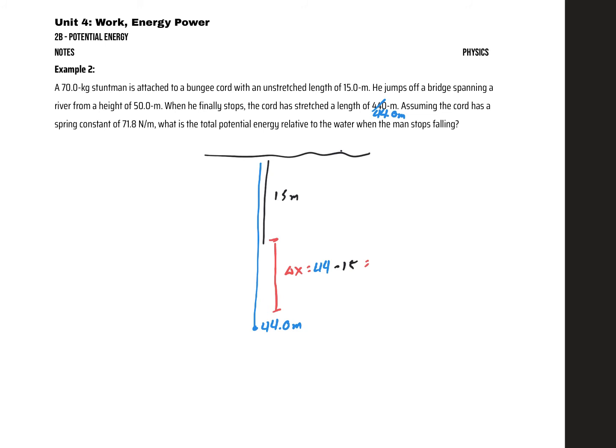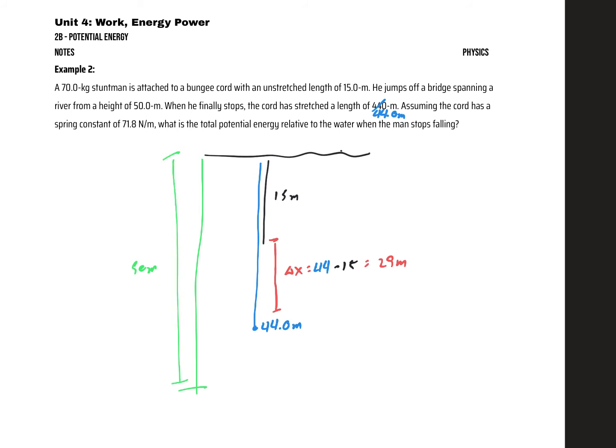So the delta X value here, 44 minus 15, is 29 meters. So that's the stretch of this rubber band here. What we do know also is that the bridge itself is 50 meters above the water. So it's 50 meters here.